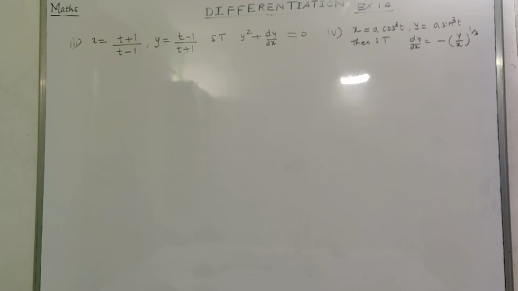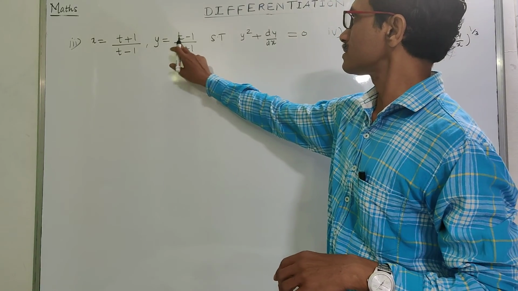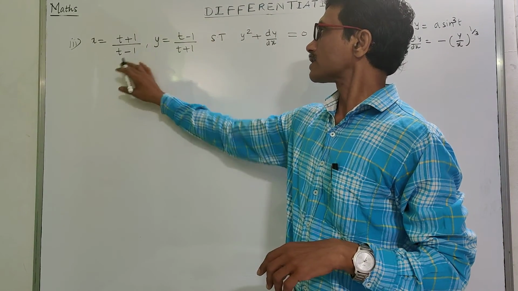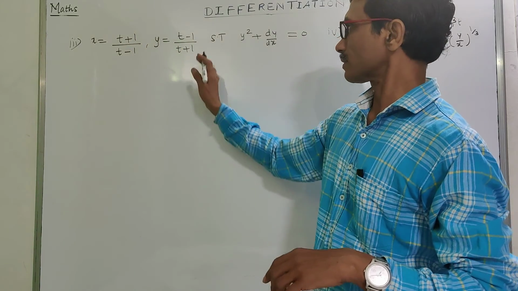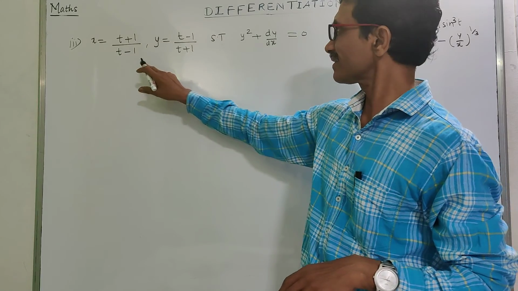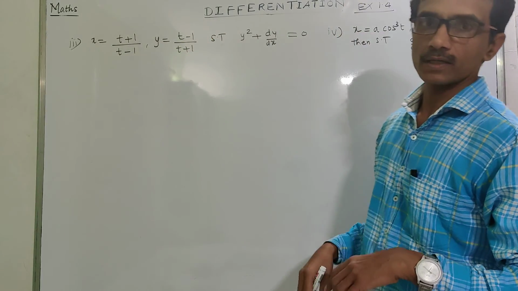Look at the third sub question. x is t plus 1 upon t minus 1, y is t minus 1 upon t plus 1. You will observe that x and y are reciprocals of each other. Here t plus 1 is in the numerator and t minus 1 in the denominator, and here t minus 1 and t plus 1 are reciprocals.